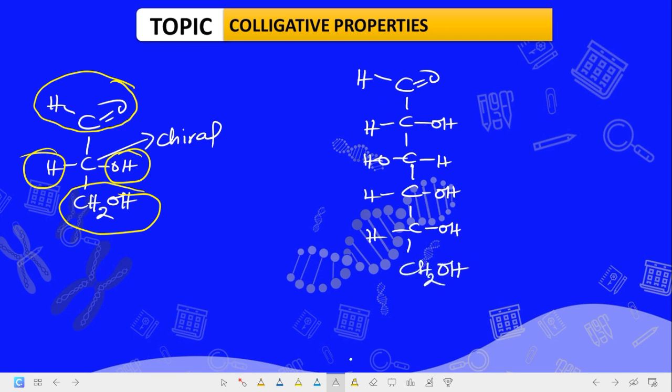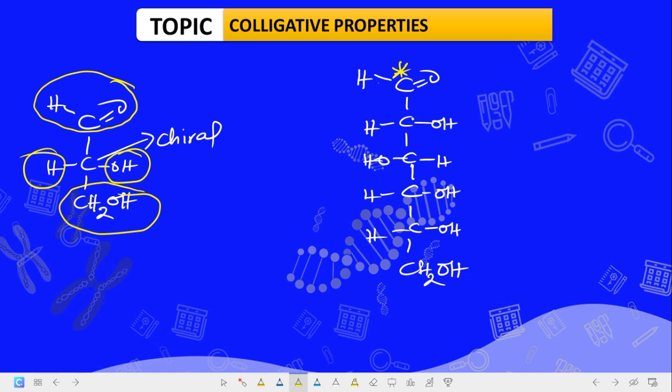Now, if you look at this structure very well, what can we say? You agree with me that this carbon center here is not chiral. Why? Because there are only 3 groups around it, which is 1, 2, 3. Even if you consider this one as 2 double bond, it means that these 2 are the same, and hence this carbon center here is not a chiral carbon center.